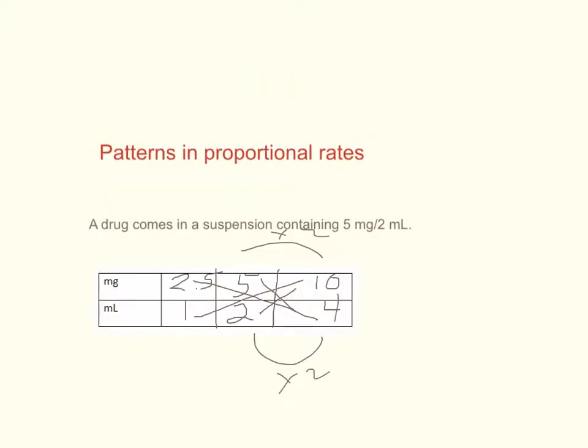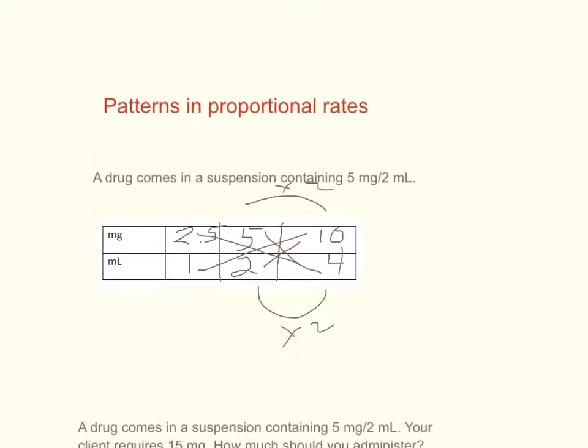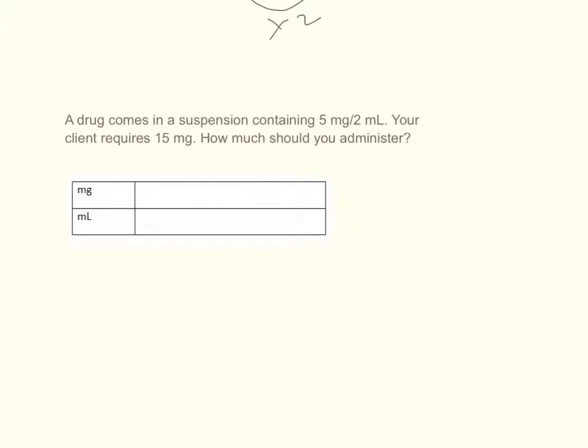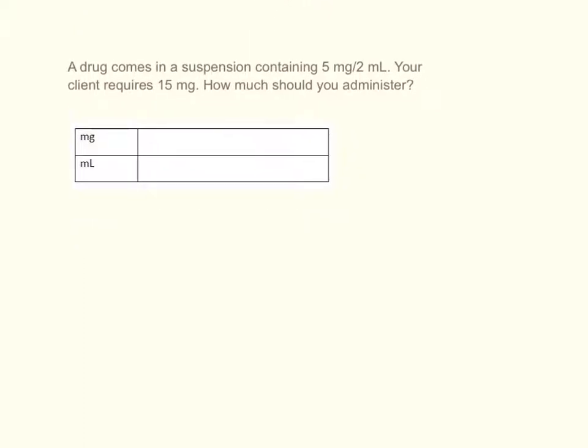Okay, now let's look at this drug, use it within a typical drug calculation. So we've got our drug that comes in a suspension containing 5 milligrams per 2 mils. This time our client requires 15 milligrams, and we want to know how many milliliters we should administer in order to get that 15 milligrams. So again, we set up our table so that we've got milligrams and milliliters are the units that we're working with.